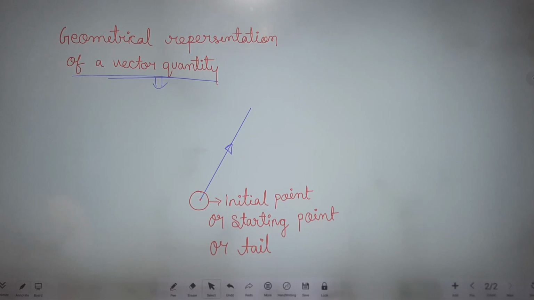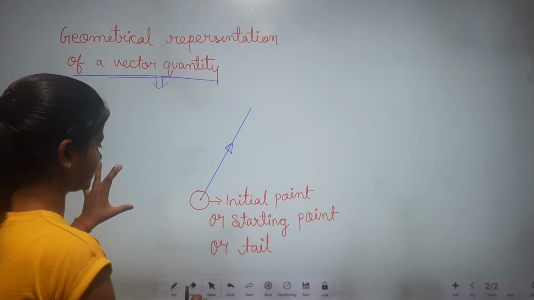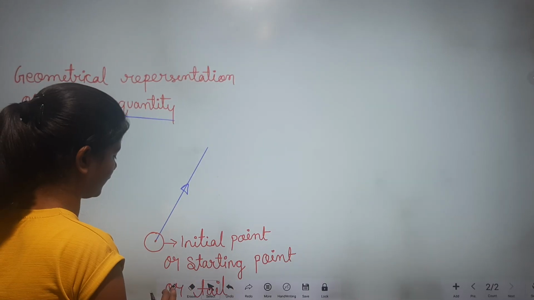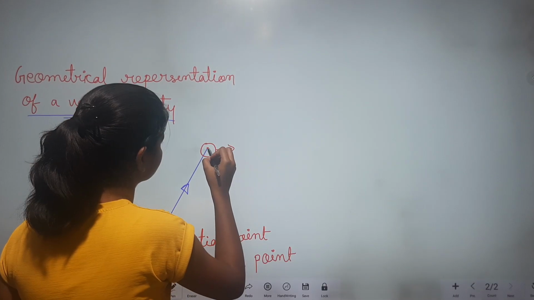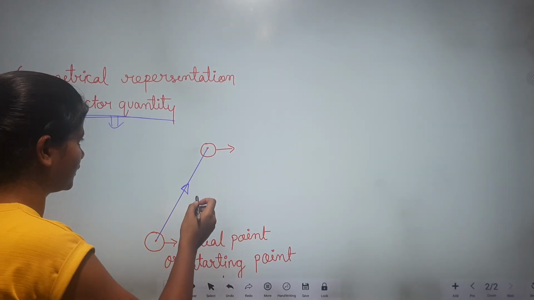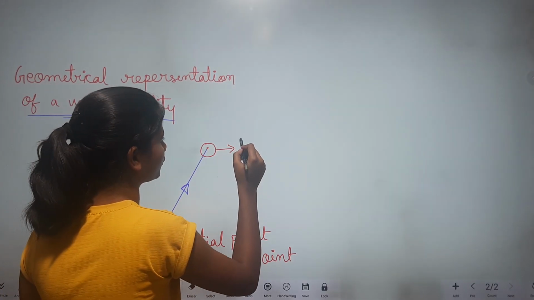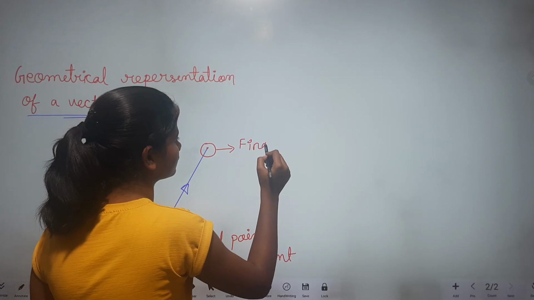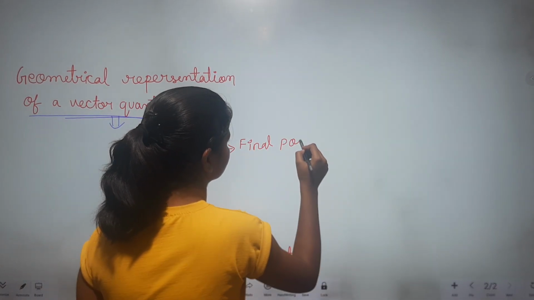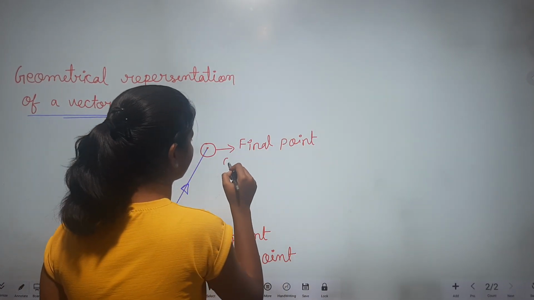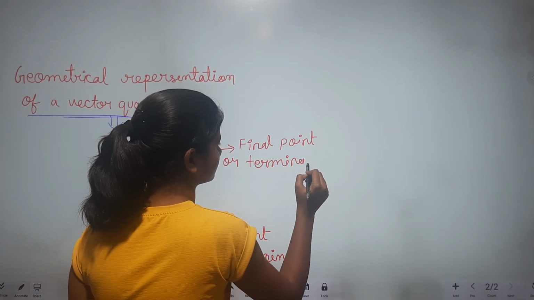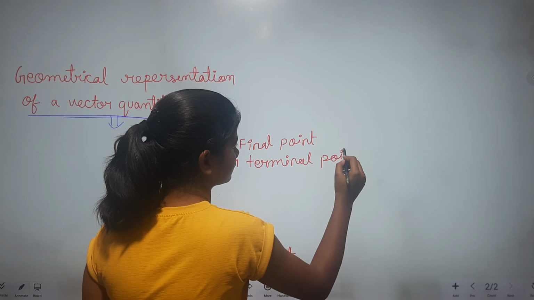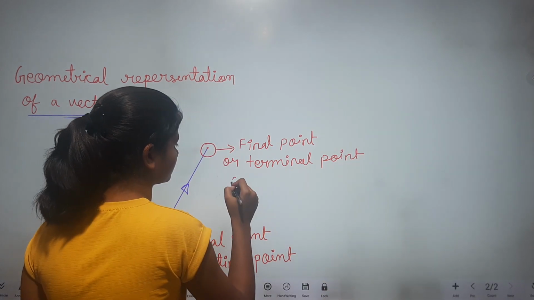And where the point ends, it is called our final point. Where the line ends is known as our final point, or we can say terminal point, or head. Okay.